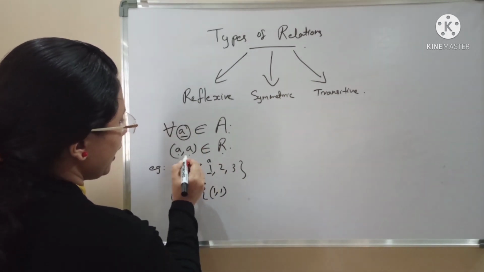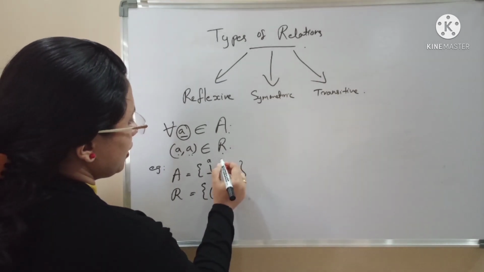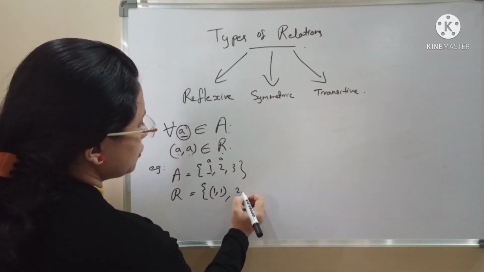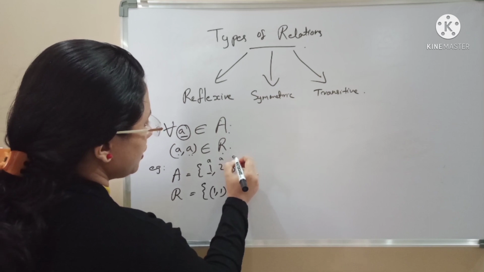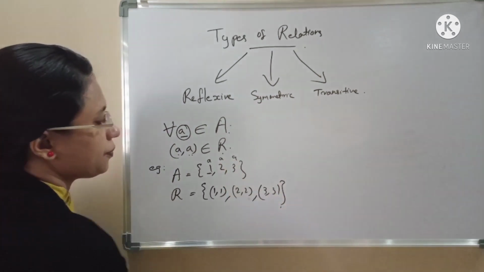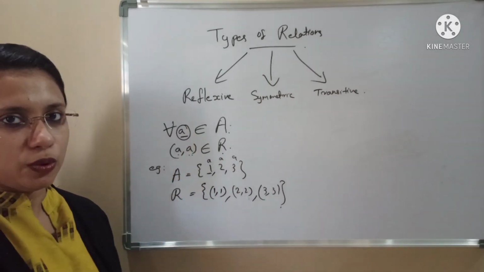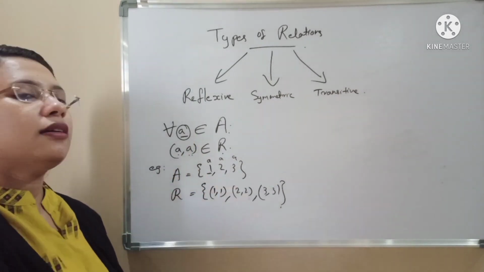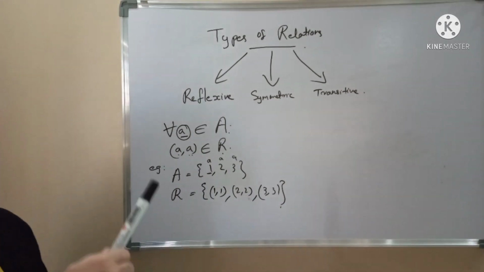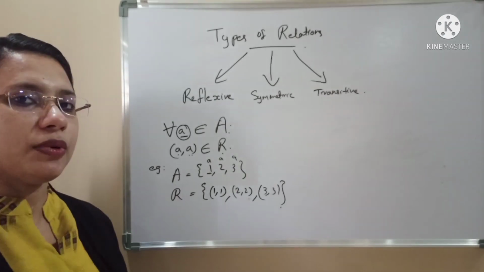Then 2 is another element, so (2, 2). Then 3 is another element, so (3, 3). So for every a belonging to A, (a, a) will be there in relation R. This is the example.